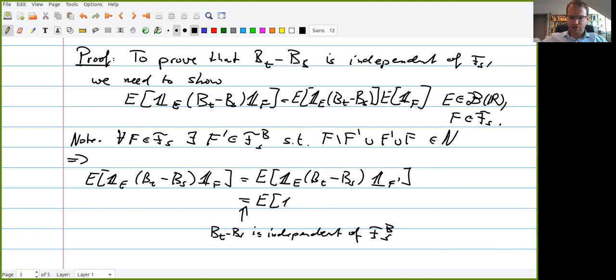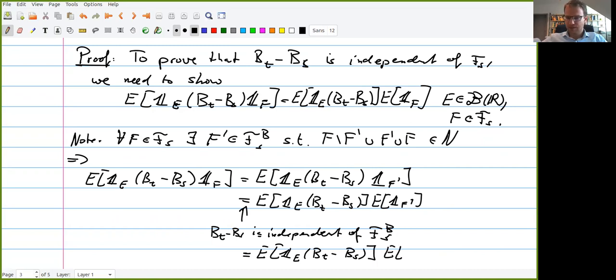So I can factorize this out. And then I can add the null sets again. So let me write it below here. And I can replace the indicator function of F prime by F again.